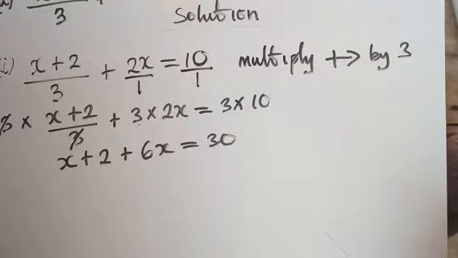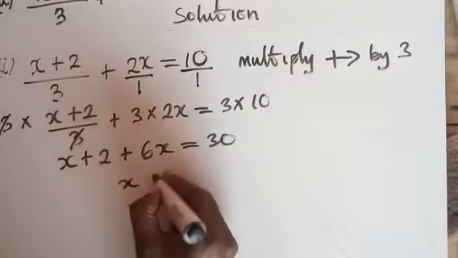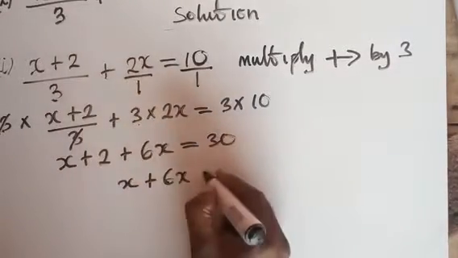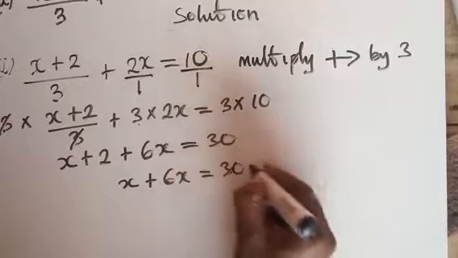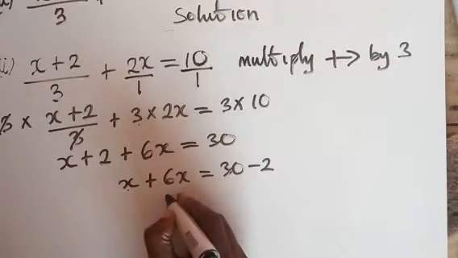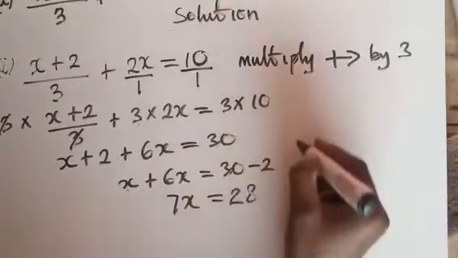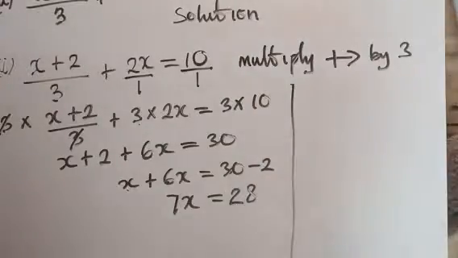Okay, it's a matter of grouping like terms, and let's see how it goes. I've got x plus 6x equals 30 minus 2. x plus 6x will give me 7x equals 28.